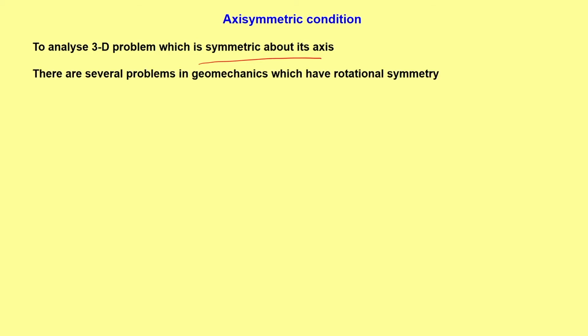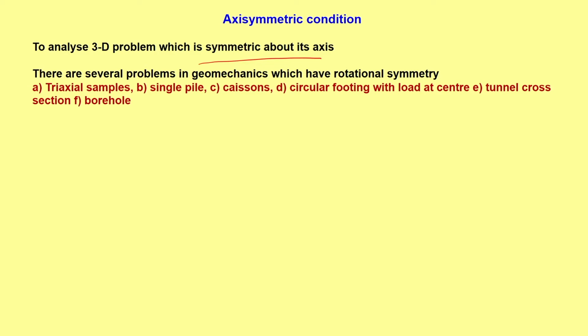Let us see how. There are several problems in geomechanics which have rotational symmetry. For example, a very good example is triaxial samples. Everyone has worked with triaxial samples. You can see that there is a deviatoric stress acting axially and all round stress acting.